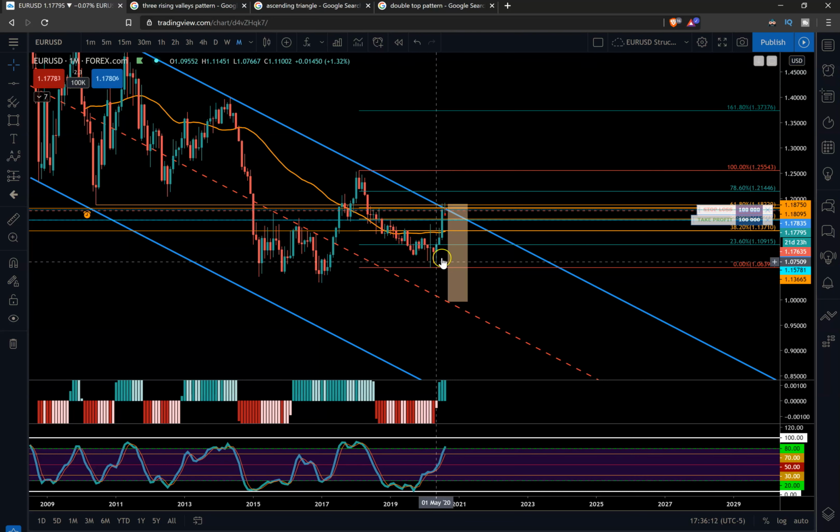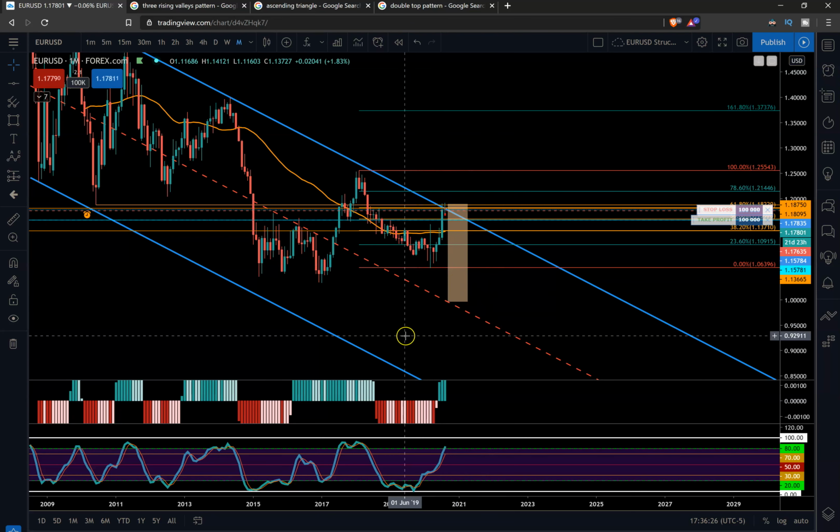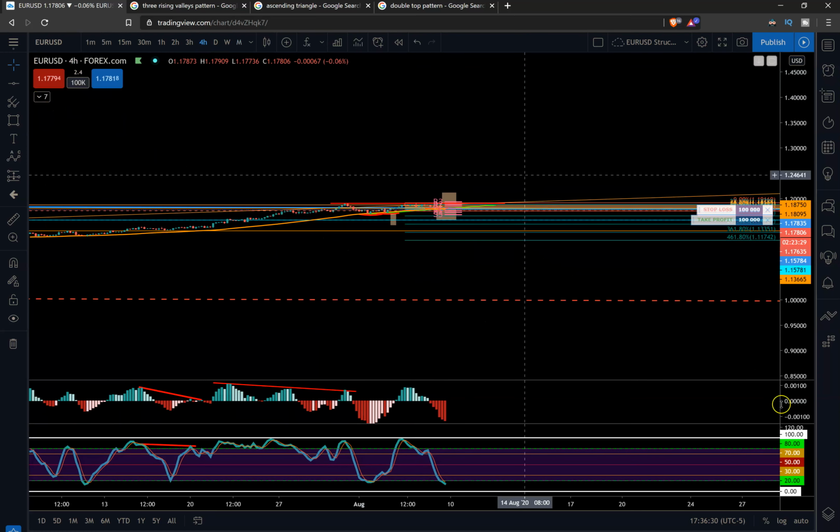March 2020 to August 2020 was the B wave. So the C wave could be very long, could take a very long time, but I mainly trade. Wow, I forgot I did do that.